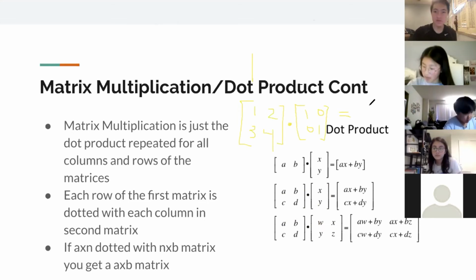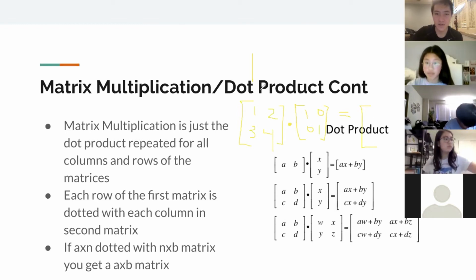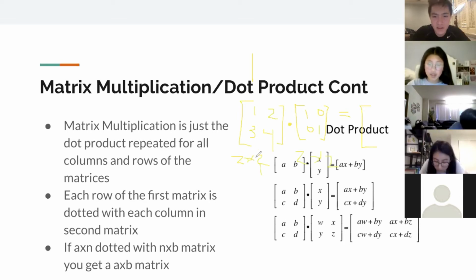Okay, so you have an output that's 2 by 2. The reason it's 2 by 2 is this is a 2 by 2 and this is a 2 by 2. Because these two inner dimensions are the same, 2 and 2, you can multiply them, and then it's just the outer values, so it's 2 by 2, with 2 rows and 2 columns.